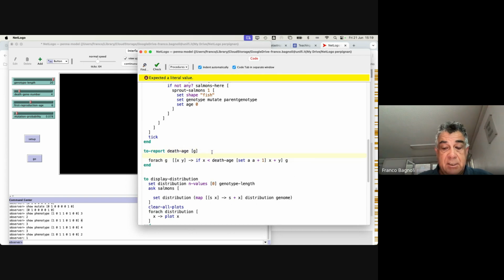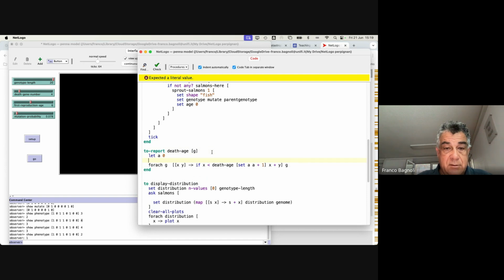Since for each, say let ad 0, for each. So for each takes this, let add 0.